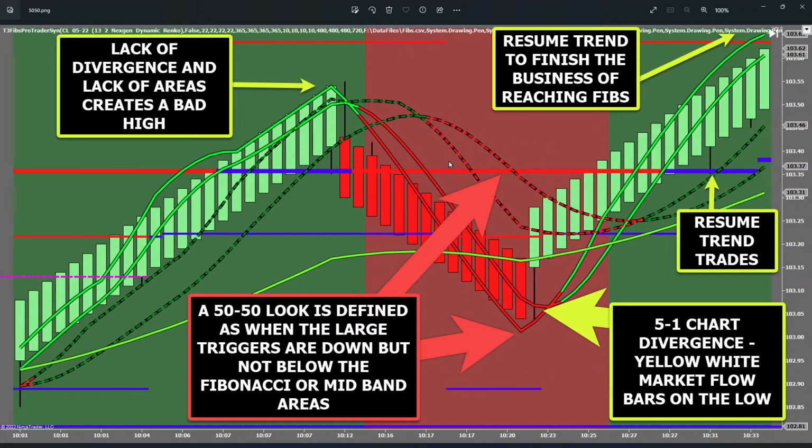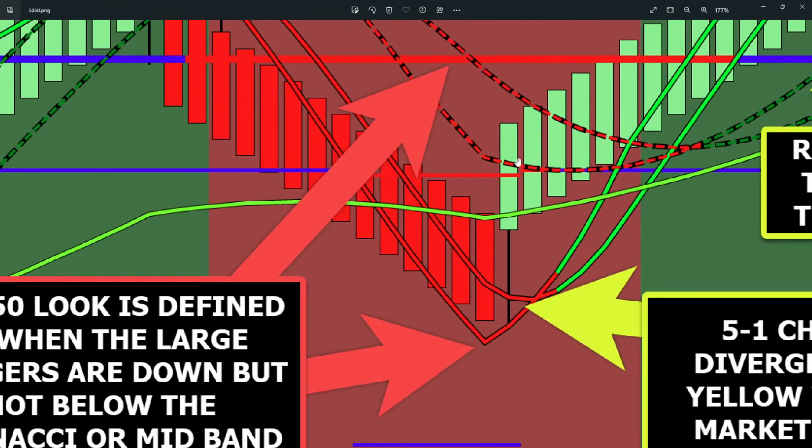And I want you to think about it just in a general sense of people who trade 30-minute charts or 60-minute charts. This is nothing more than a retracement on a bigger chart for somebody else to go long, right? Big push up, they buy pullbacks. So this is where after that big push up, you have to really be aware of these 50-50s.